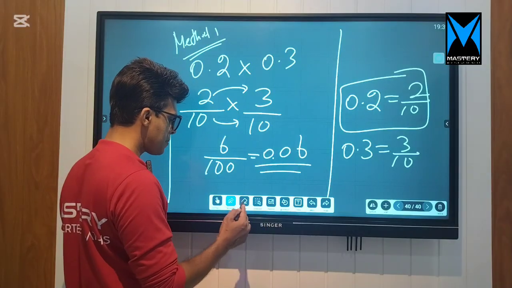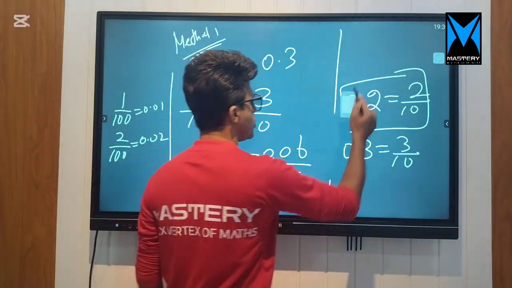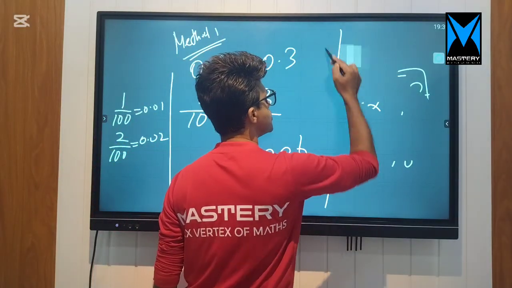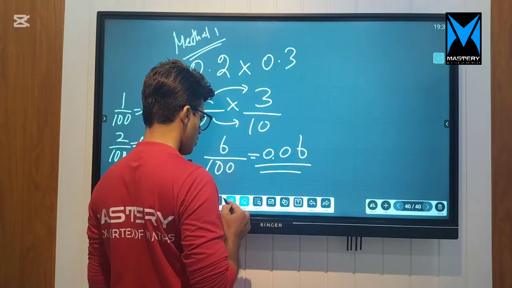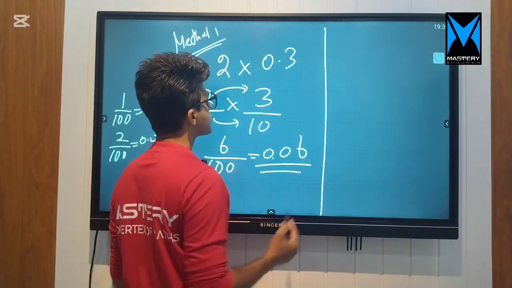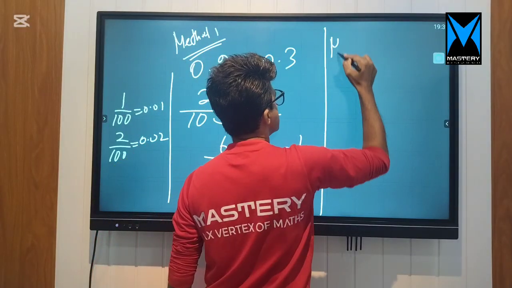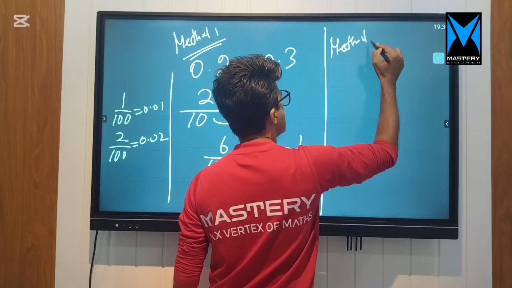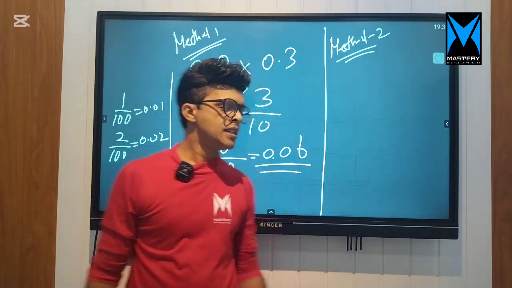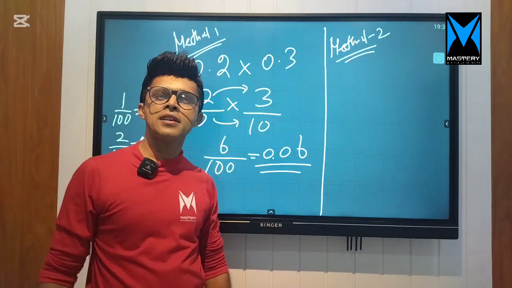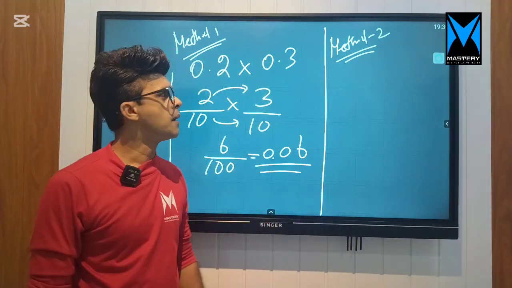The same question can be done in this sense. This is the second method. I will do the second method here. Okay, how can we do that? You need to know the second method clearly. There is no need of writing a given decimal number as a fraction.